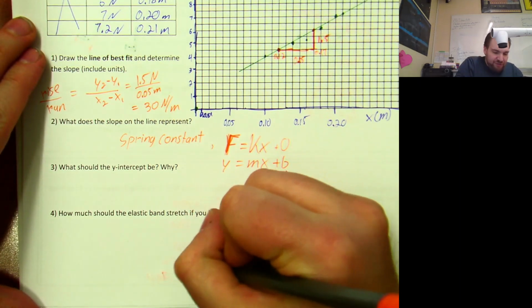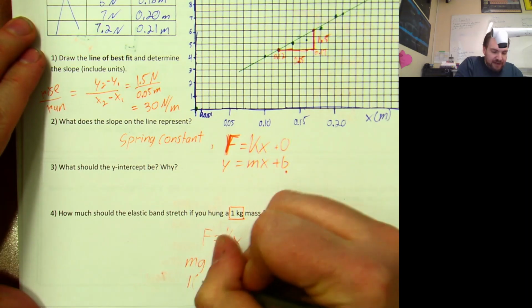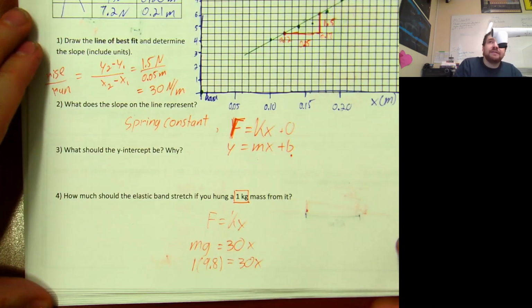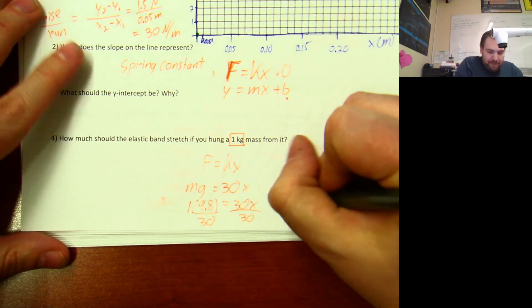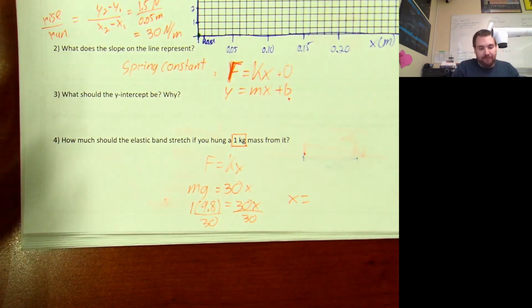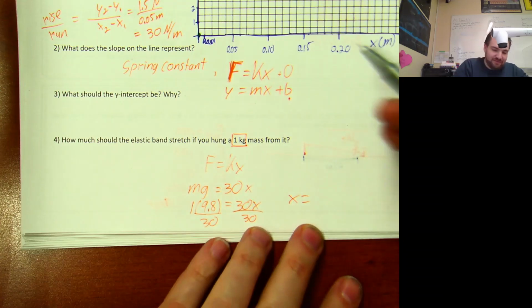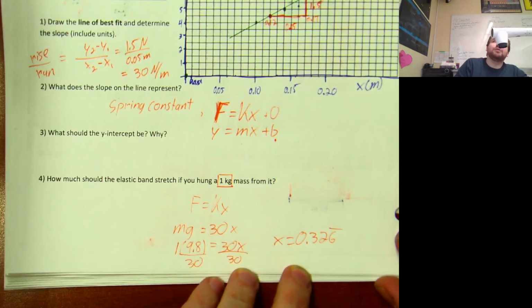So this is just going to be mg equals kx, so 1 kilogram times 9.8 equals 30x. Divide by 30, divide by 30. x is going to be just bigger than 0.3 repeating. 9.8 divided by 30, I got 0.326 repeating. So almost a third.